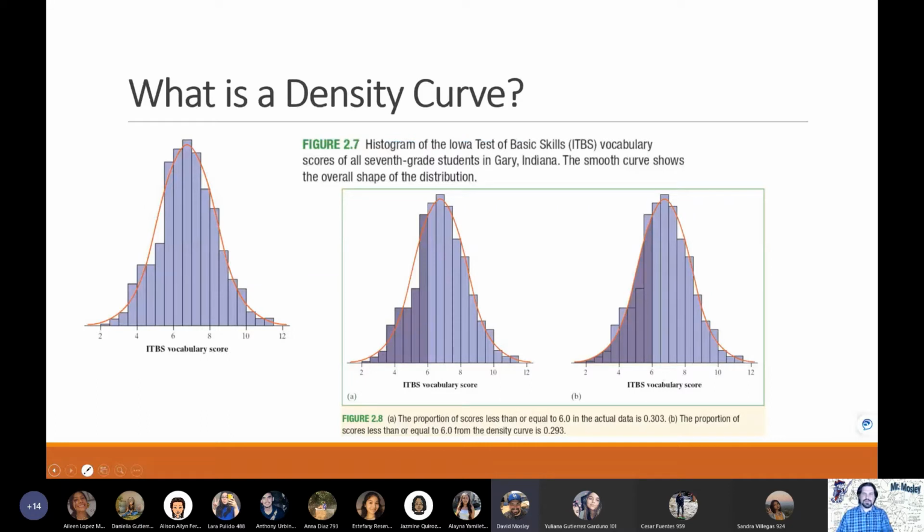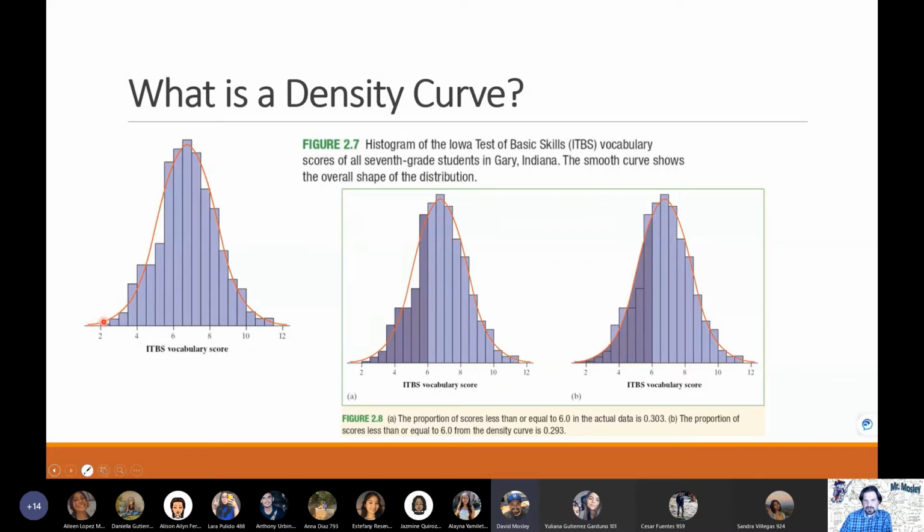So now here's our visual representation for what is a density curve. Over here, we have a histogram representing the ITBS vocabulary score, right? The histogram of the Iowa Test of Basic Skills vocabulary scores of all 7th grade students in Gary, Indiana. The smooth curve shows the overall shape of the distribution.